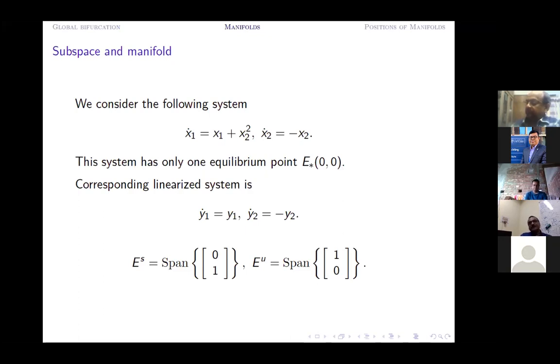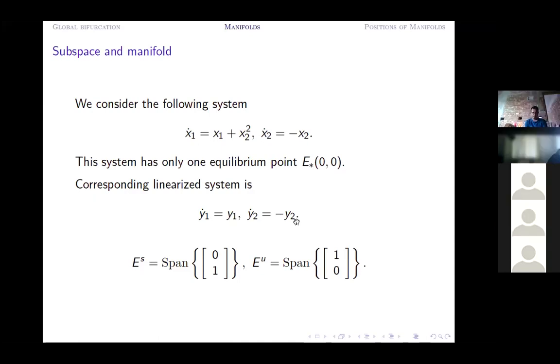As per the standard stability analysis, for linearized stability, you can linearize the system at 0, 0, and you can find the corresponding linearized system as y1 dot equal to y1 and y2 dot equal to minus y2.